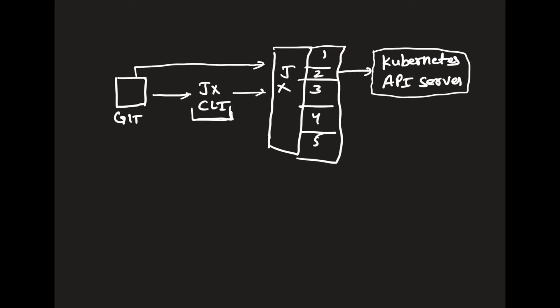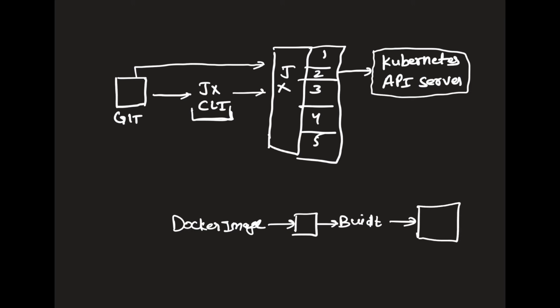It also talks to your Docker container registry. So let's say you have already created your Docker image, and you have pushed it to Git. Now it can help you to build your Docker image, and it can help you to push your Docker image to a Docker registry.